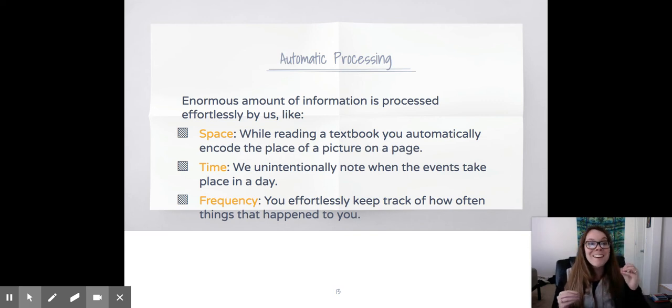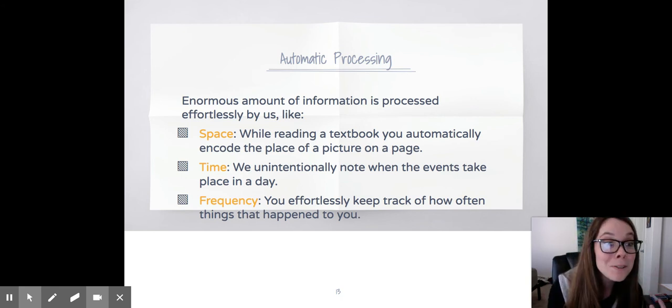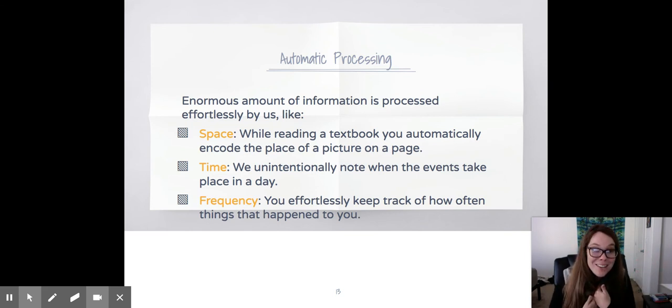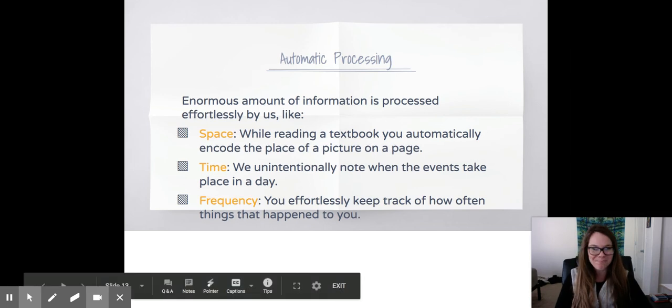So remember, if things happen to us, we are more likely to automatically encode them because we care about ourselves the most, right? In psych, we know that we're selfish beings and we care about what has to do with us, right? So if things affect us, we are more likely to automatically encode them quicker, because we care about ourselves, right?